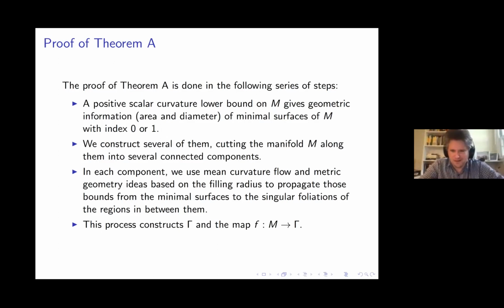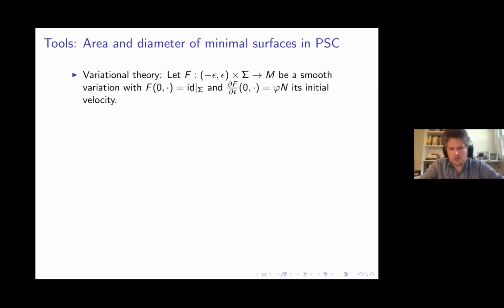We'll see. But this slide here, the first point, is basically: how do you get that scalar curvature implies geometric smallness for a minimal surface? So it comes from this observation.